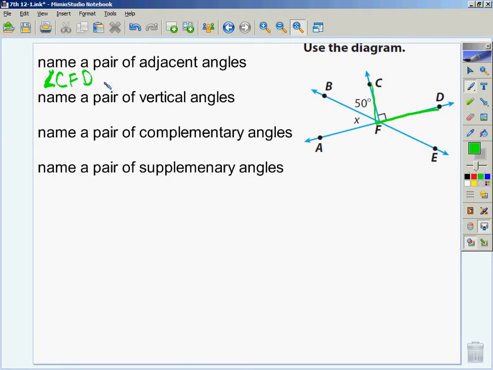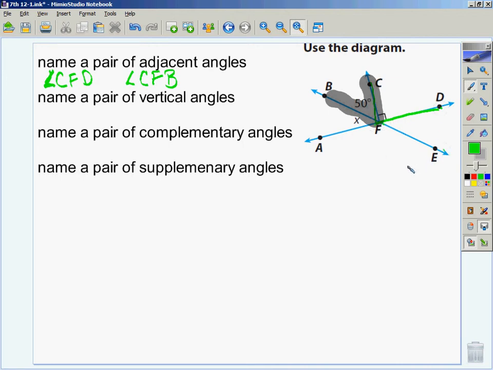Angle CFD. What would be adjacent to that? I could do CFB. I could have also done DFE.